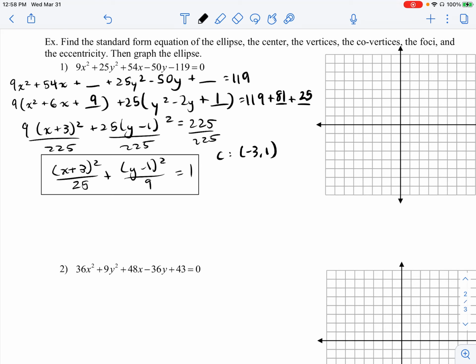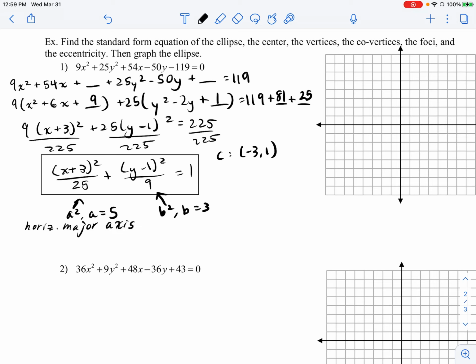I know that a squared is my larger value, so this is going to be my a squared, which means that a is equal to 5. This 9 is my b squared then, which means b is equal to 3. And because my a is underneath my x variable, that means my major axis is going to be horizontal, a horizontal major axis.